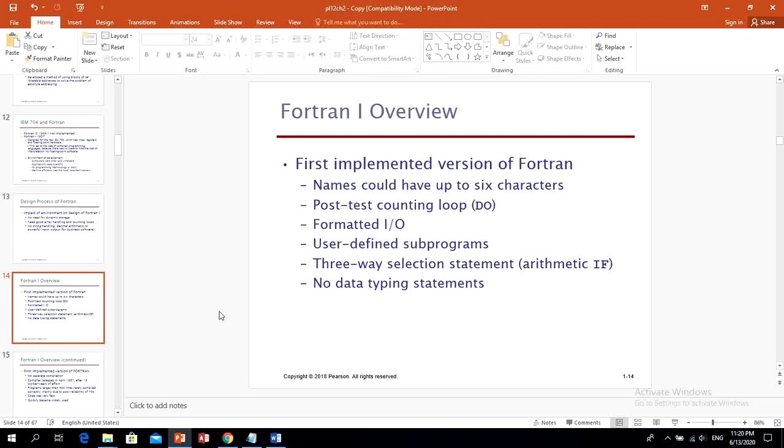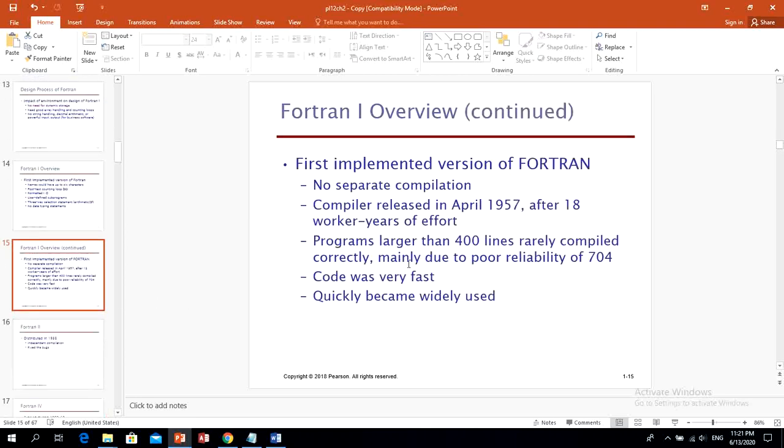There is a three-way selection statement using the arithmetic if statement, and there is no data typing statement in the first version, and also there is no separate compilation.